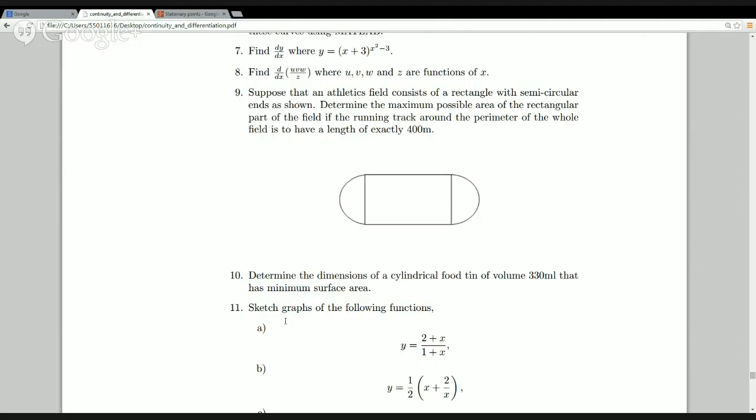So we can look at the second derivative, d2s/dr squared. What's that going to be? 4 pi plus 660 over, 2r cubed.